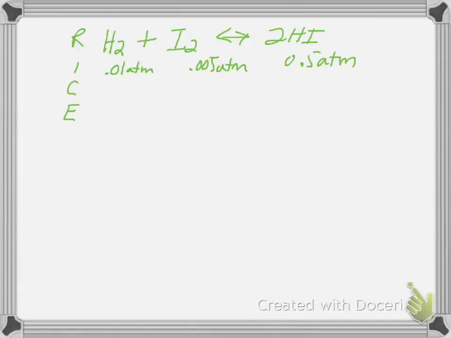Okay? And what did they give us? Did they give us K? Yes. And what was K? 100. 100. Okay? So, for the gaseous HI and I2, calculate the equilibrium pressures.